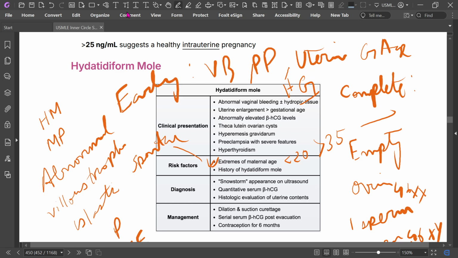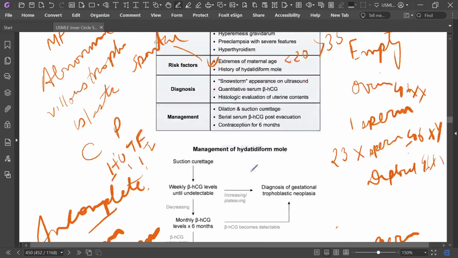And the late findings like hyperthyroidism, early onset preeclampsia, and theca lutein cyst. If you remember the HOTE, that means high beta hCG features.